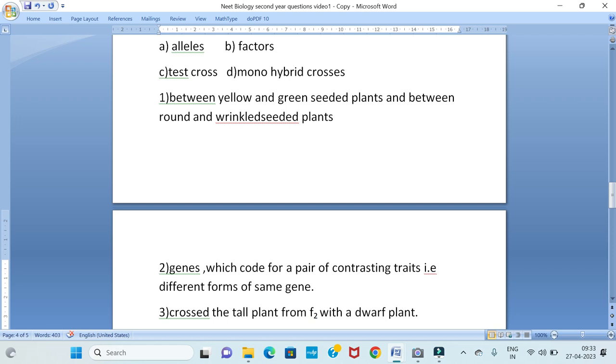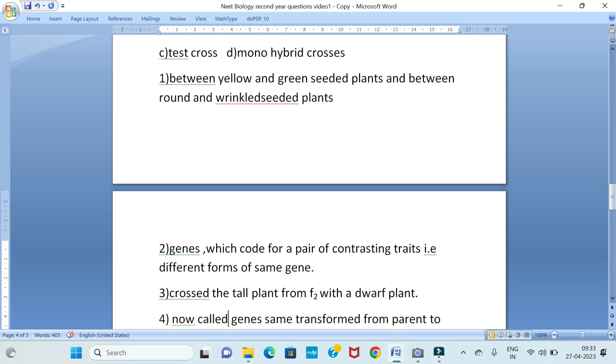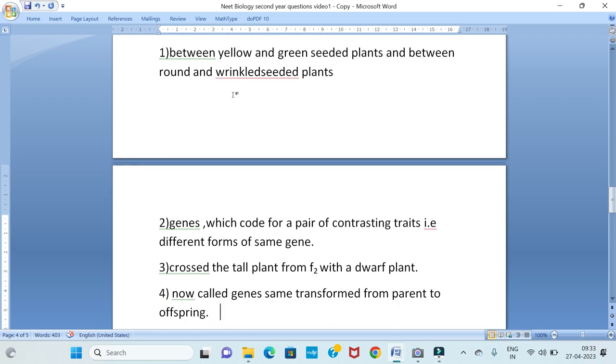Match the ABCD with 1, 2, 3, 4. Now called genes, the same transferred from parent to offspring.